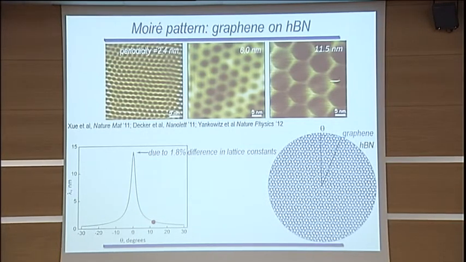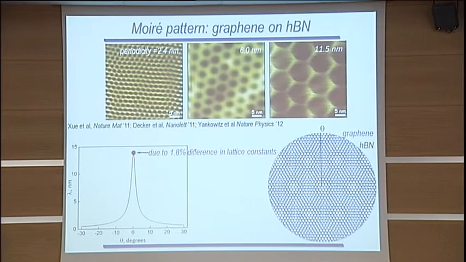And this nice period of say 14 nanometers, if you align the two crystals perfectly, can be seen only in a very narrow range of angles between the two crystals. And then as you misorient, you go very, very fast into very low periods of the Moiré structure.